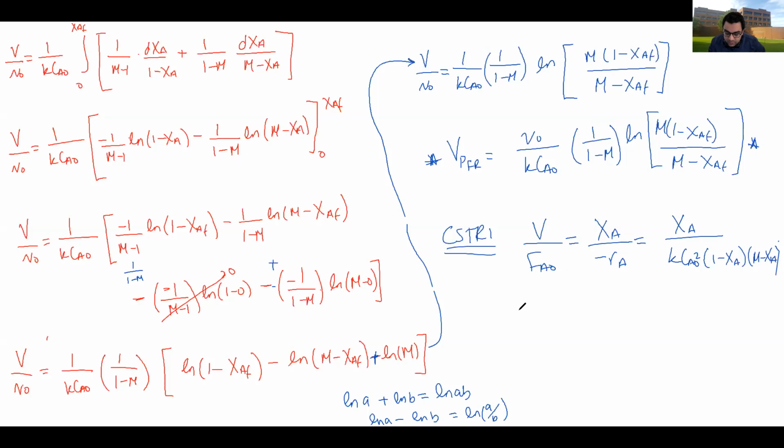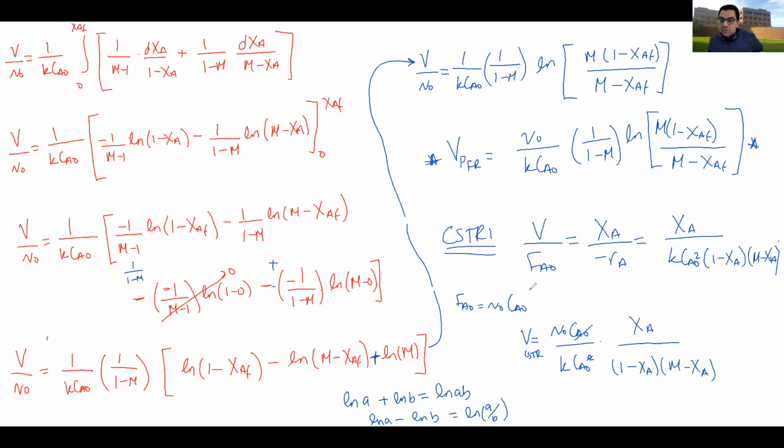Okay, so now I'm going to just rearrange these expressions. So FA naught is V naught multiplied by CA naught, right? So just recall that FA naught is equal to V naught CA naught. If I do this and cross multiply, I'm going to get V is equal to V naught CA naught over K CA naught squared multiplied by XA over 1 minus XA, M minus XA, and this cancels with this, and this becomes the volume of the CSTR.